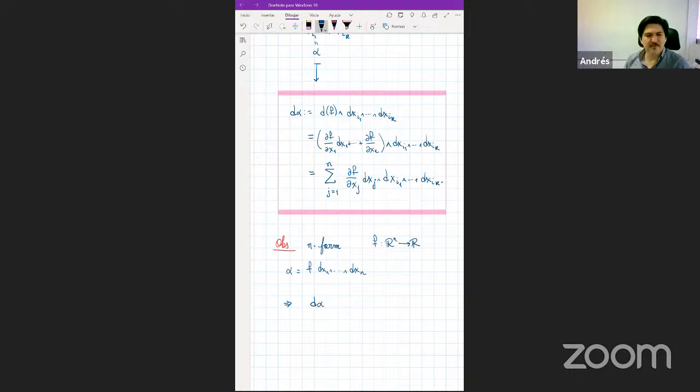What can you tell me about the differential of that n form?